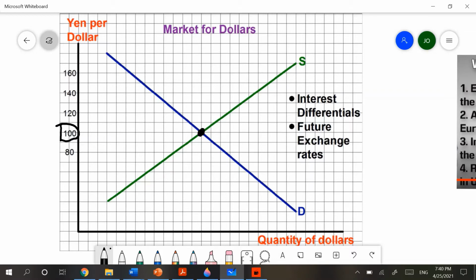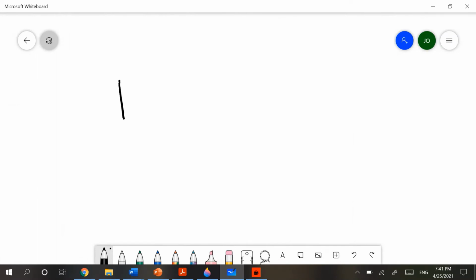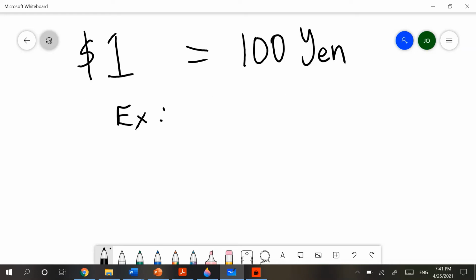Let's forget about the quantity of dollars for now, and let's just focus on the 100 yen. What this means is that if you want to receive $1, you must have 100 yen to exchange.